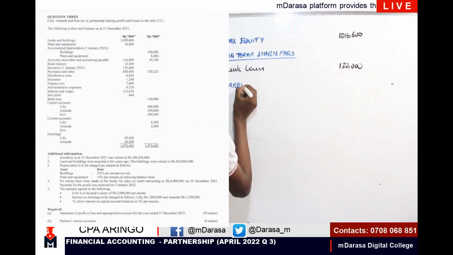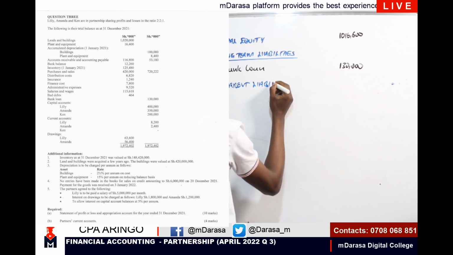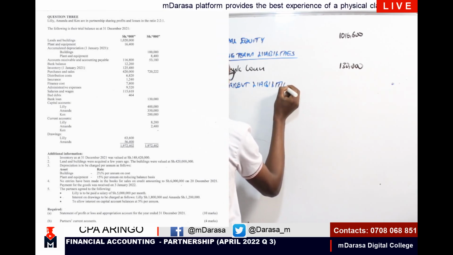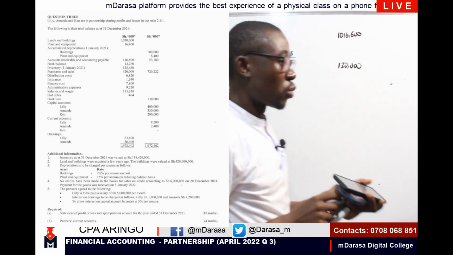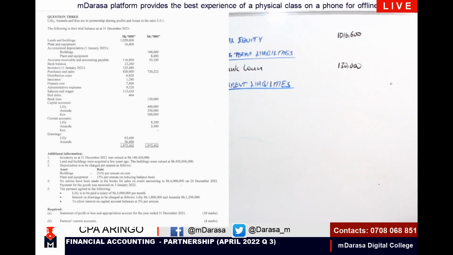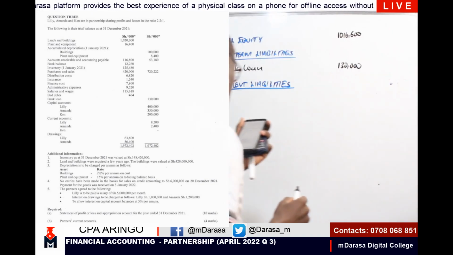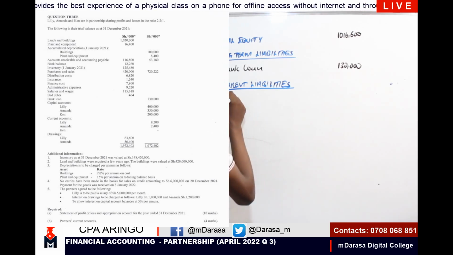Top of current liabilities. Current liabilities, like accruals, trade payables. Yes, we had trade payables, right?